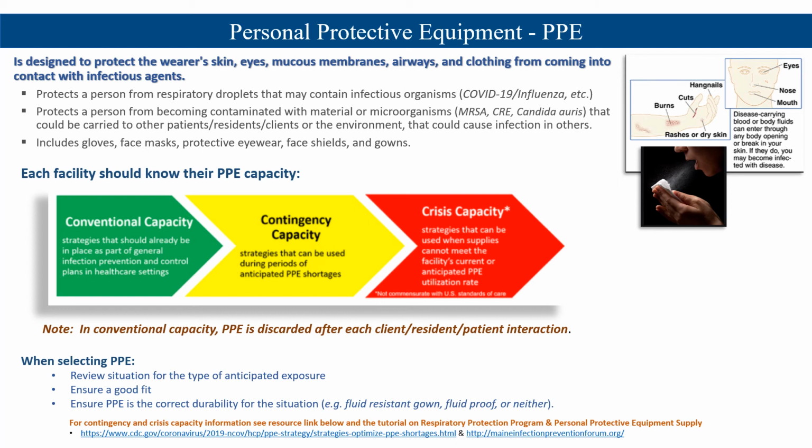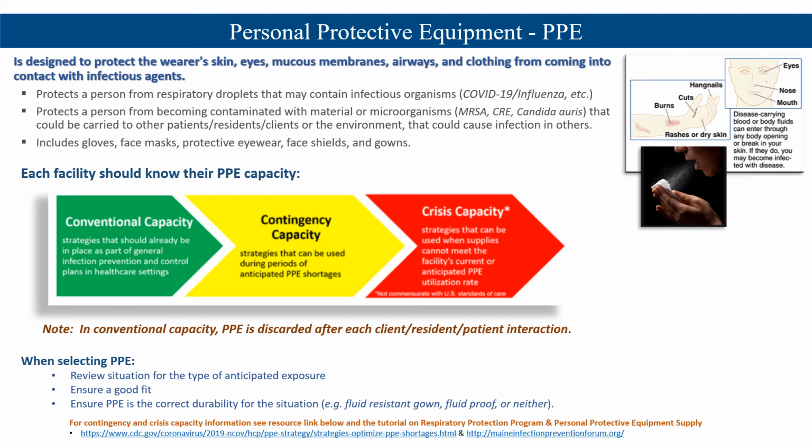And that is because there's 3 different types of capacity. There's conventional capacity, which is basically when we're not in the midst of a shortage, there's no issue with our PPE supply. And in this, PPE is discarded after each client, resident, or patient interaction. And then there's contingency capacity and crisis capacity.